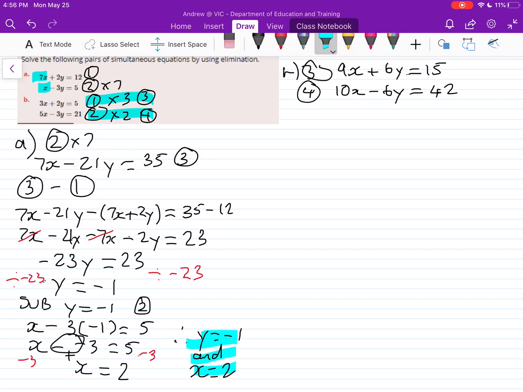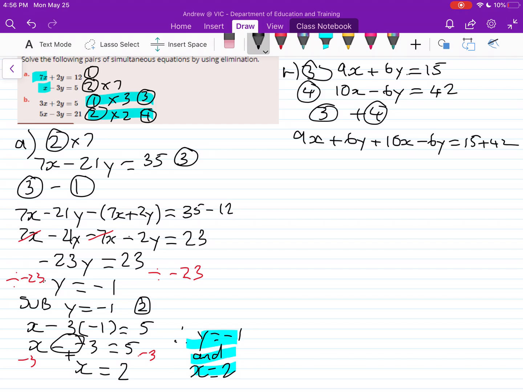Now we need to deal with positive 6y and minus 6y, so we are going to plus these equations together. We're just going to do 3 plus 4. So 9x plus 6y plus 10x minus 6y is equal to 15 plus 42.